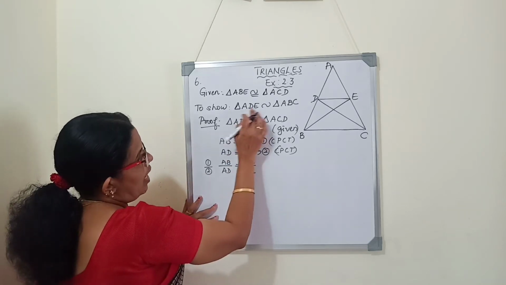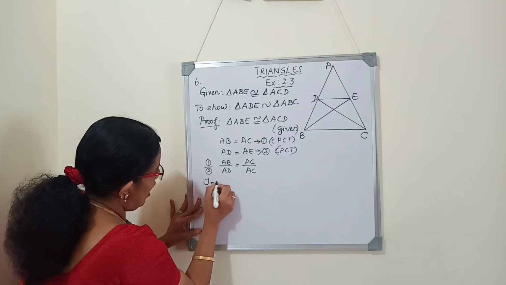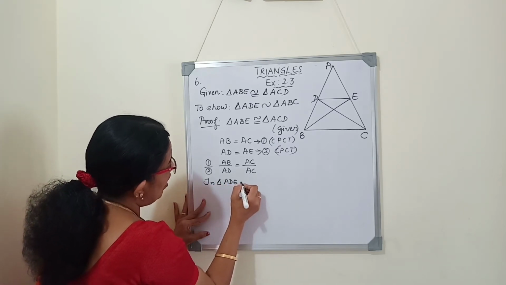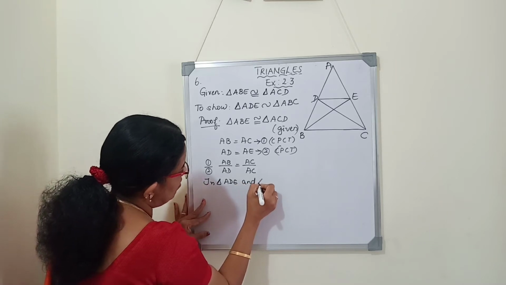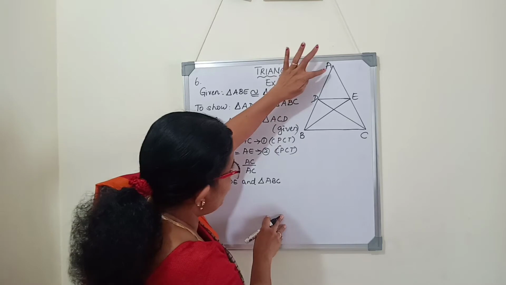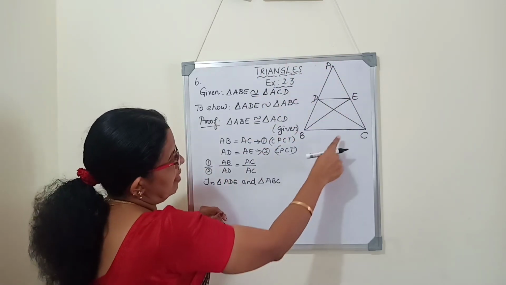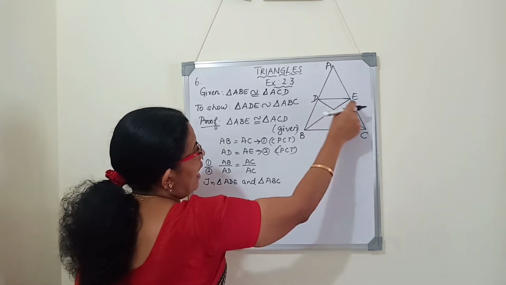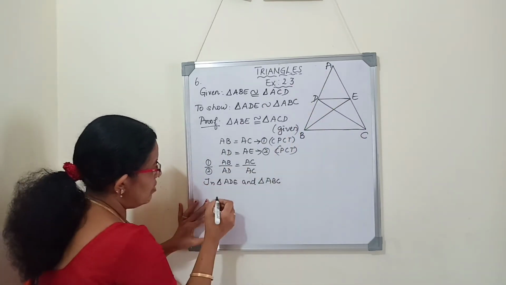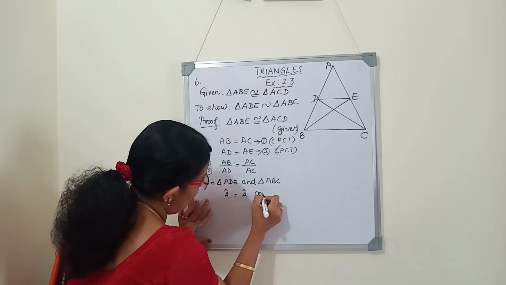Now which triangles we wanted to show similar, those we will consider. In triangle ADE and triangle ABC, we have to prove that the top triangle ADE is similar to the bigger triangle ABC. So in triangle ADE and in triangle ABC, we know that A is a common angle. So first we will write angle A is equal to angle A, common.